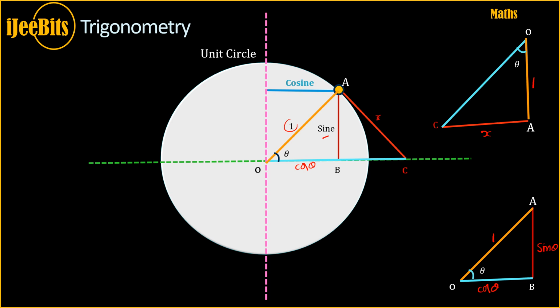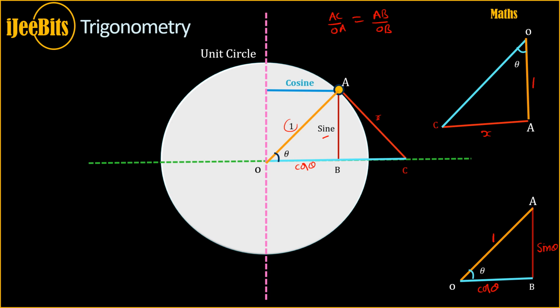Since I wanted to see the value of x, I will look at AC by OA. First one, AC by OA equals opposite by adjacent. What is opposite by adjacent in this triangle? AB by OB. Let's plug in.